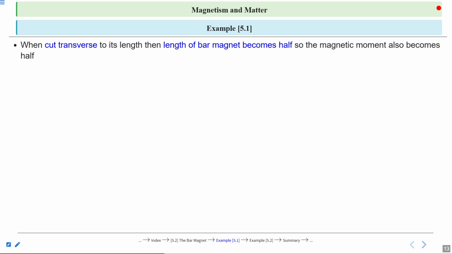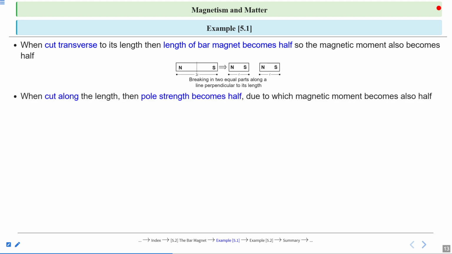When cut transverse to its length, the length of the bar magnet becomes half, so the magnetic moment also becomes half, like this. You can see in the diagram. That means the magnetic strength of these 2 resulting magnets will be half of the initial magnet.